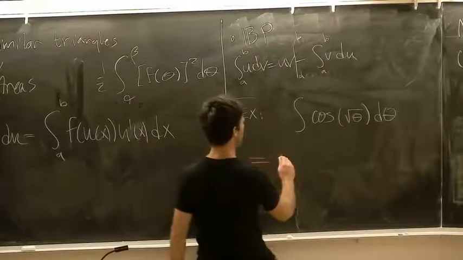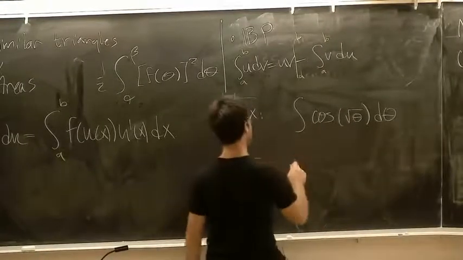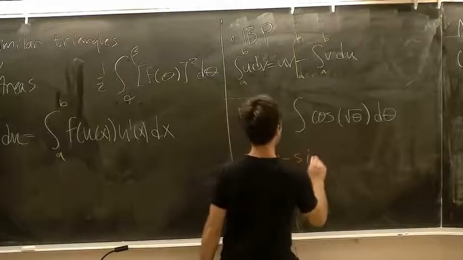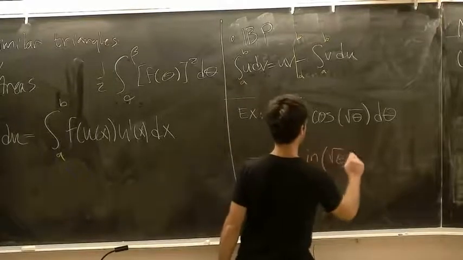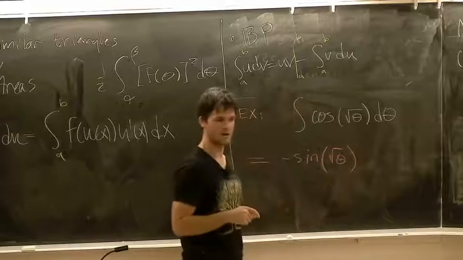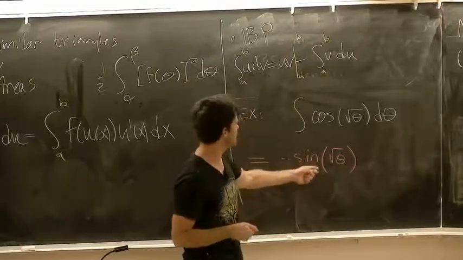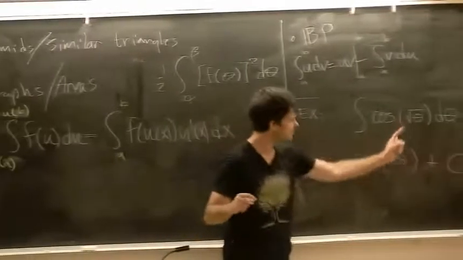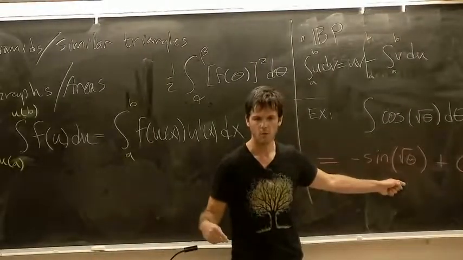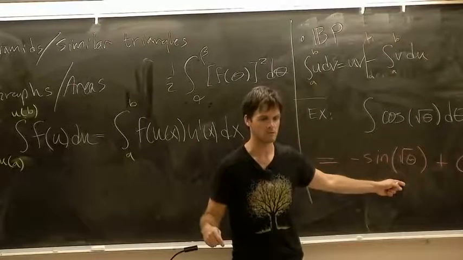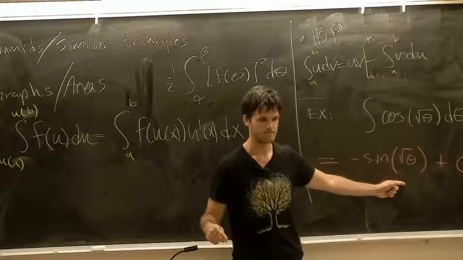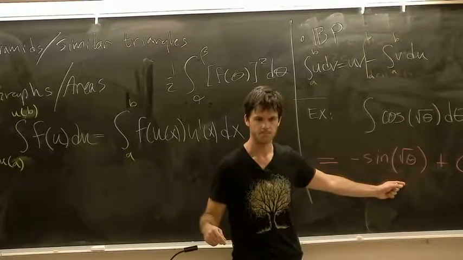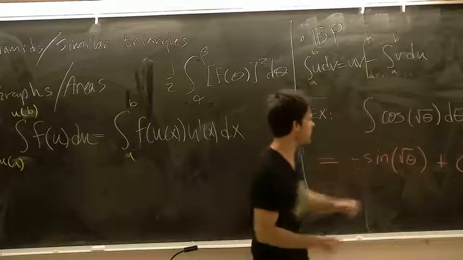What if you just said, oh, well, the integral of cosine is negative sine of root theta? If you just tried to say the integral of cos is sine, root theta here means a root theta here, why is that wrong? Yeah, it's because of the square root on the theta.